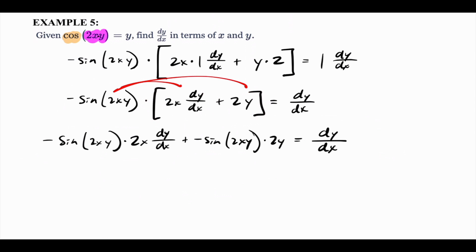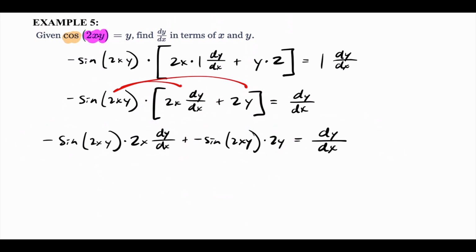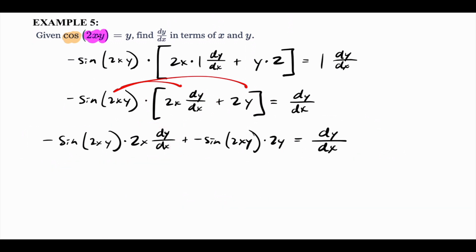So now I have two terms on this side of the equation. Only one of them has a dy dx. So how do I get this guy over here? Add it. Because it's negative, I got to add it.